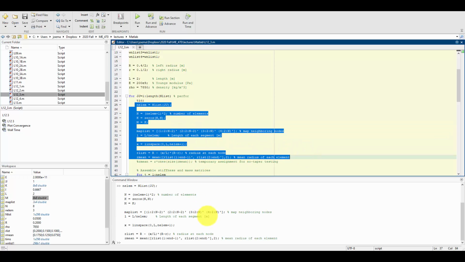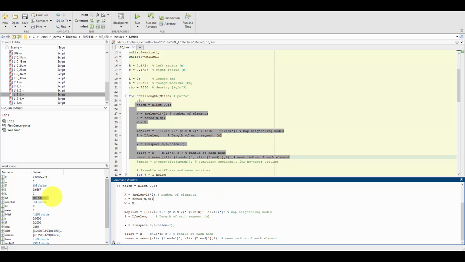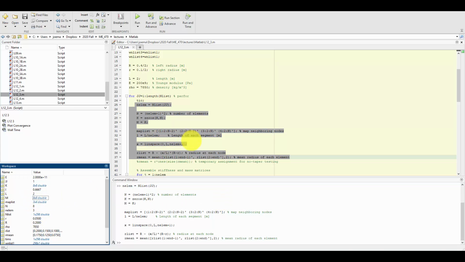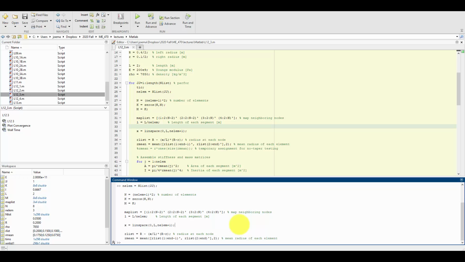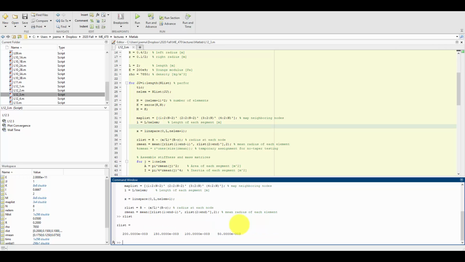So when I have just the 3 elements, I'm going to have those 8 degrees of freedom like we've seen before, and I can look at our list, and what this is showing me is the radius at each of those nodes. So the wall is 0.2, and then at the free end it's going to be this 0.05, which we should expect, and then the 2 nodes that are in between are just going to be that linear decline in the value of my radius.